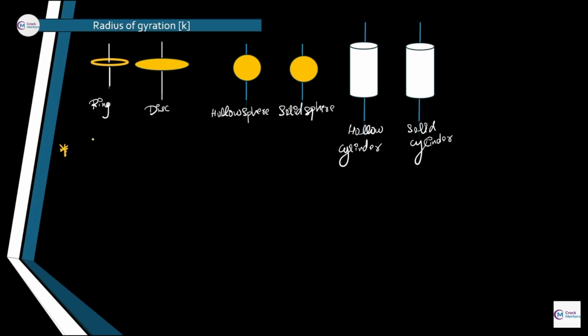Sir, how are we going to determine the moment of inertia value? Okay, let's suppose we have a ring, and we know the moment of inertia value of the ring, which is mr square. If the mass of the ring is m and the radius of the ring is r, then the moment of inertia is mr square. Then to find the radius of gyration, we equate with the general moment of inertia, which is equal to mk square, and then we get the value k equals r.